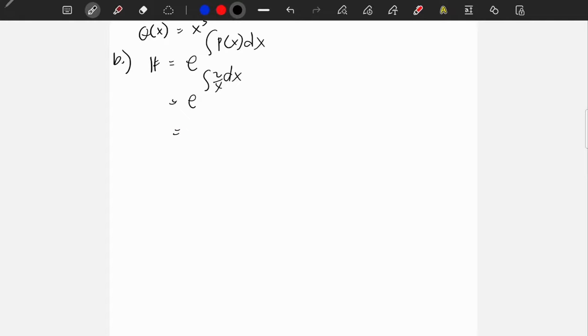The integral of 2 over x dx is 2 ln x. Using the properties of logarithms, 2 becomes the power of x. So e to the ln x squared. E and ln cancel out. So the IF is equal to x squared.